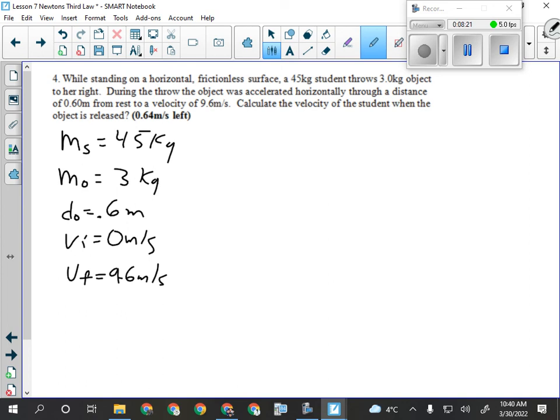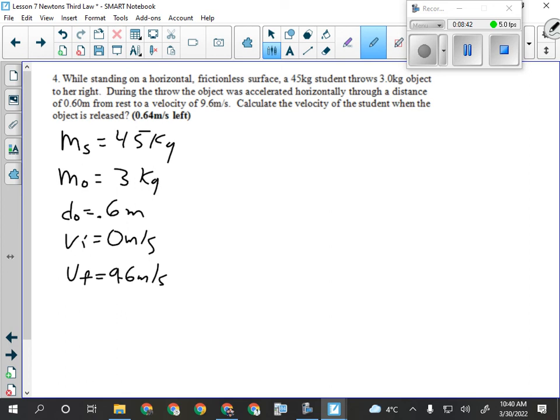And I have enough information right now to calculate the acceleration of the ball. With the acceleration of the ball or object, I can calculate the force on the object. That will be the force on the student. And then I can go from there. If I know the force on the student and their mass, I can calculate the acceleration of the student, and from there I can calculate the velocity of the student.